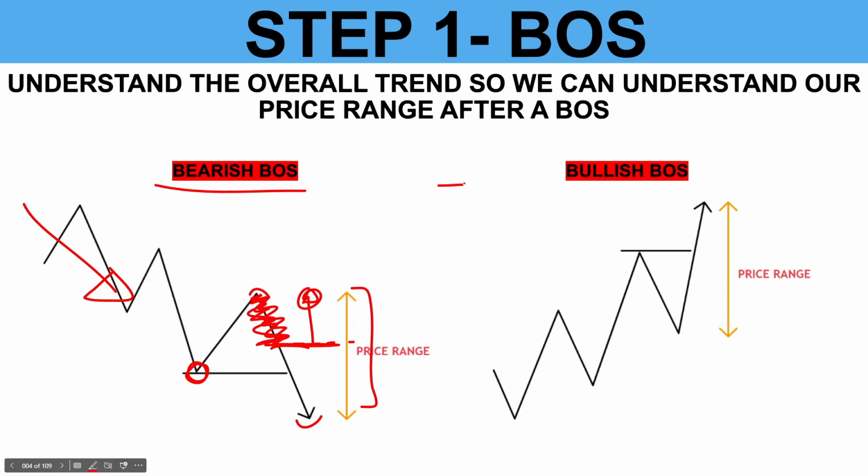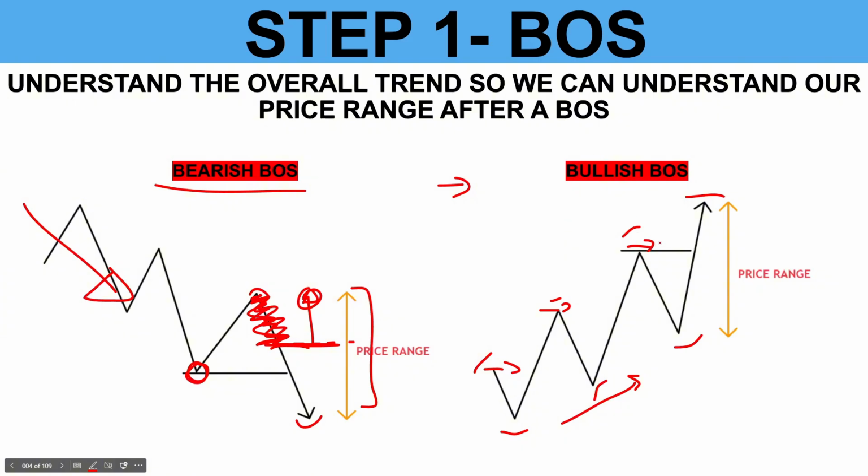Next is the bullish break of structure and the bullish trend. So over here we have a bullish market and it is trending towards the upside, because we can see break of structure towards the upside, towards the upside, towards the upside, higher highs and higher lows. So we look for the most recent break of structure.